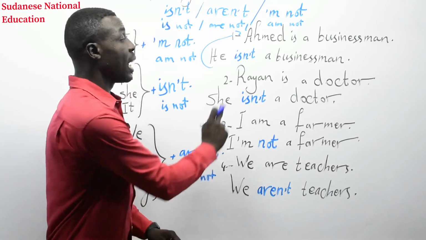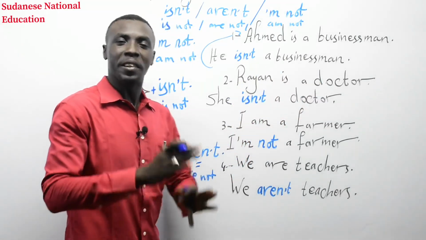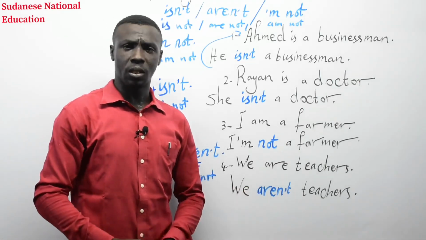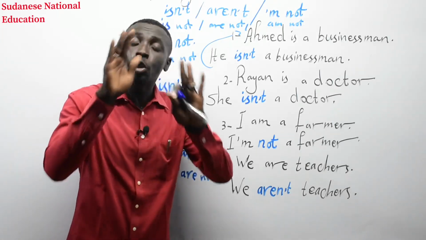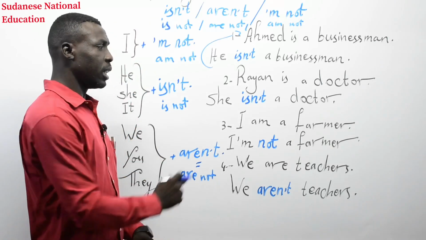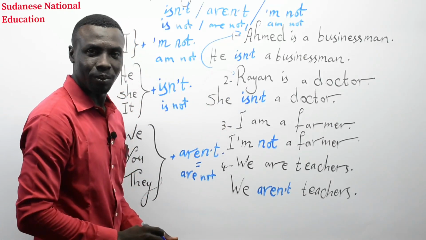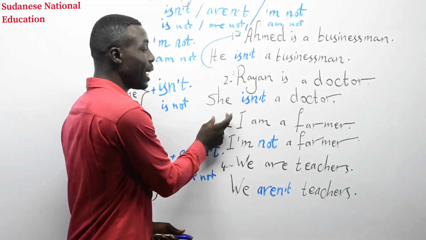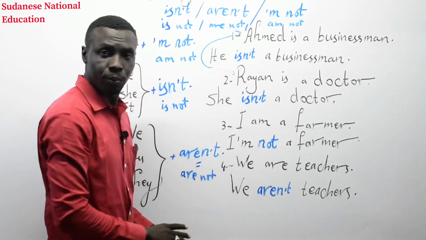Number two, positive sentence, Rayyan is a doctor. If you want to say no, Rayyan is not a doctor, you say she isn't a doctor. So she refers to Rayyan. Rayyan isn't a doctor.